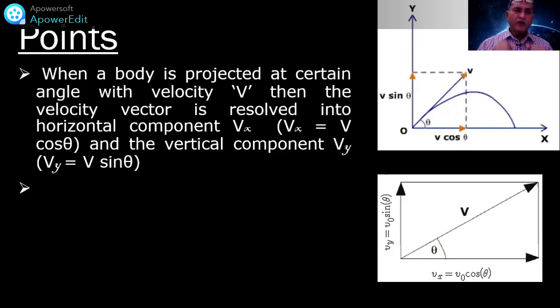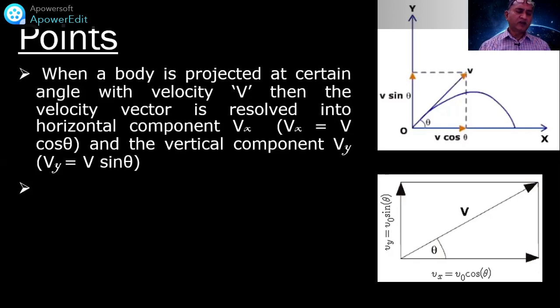So what is the main point over here? That when a body is projected at a certain angle, projected means thrown forcefully, with velocity v, then the velocity vector can be divided into two components. Vx is equal to v cos theta, Vy is equal to v sine theta. All right.